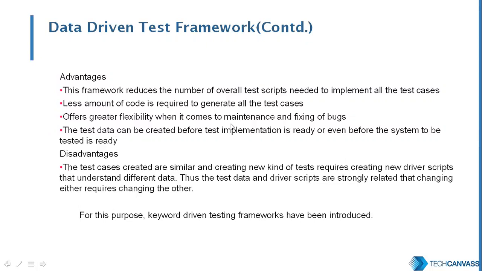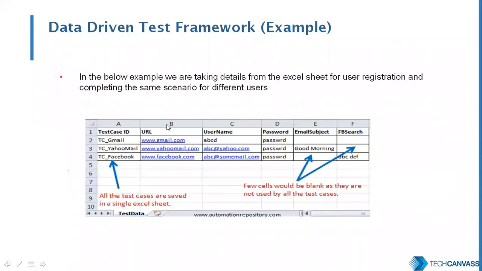Let me go through this once again. If I take this particular example in case of data driven, what would happen is if I happen to add one more column into this, my user registration scenario is like this, and I happen to add one more parameter in this so that I can add some more detail while registering the user. The existing set of test case which I was using for registering a user will now not be usable because I cannot scale it for the added parameter.